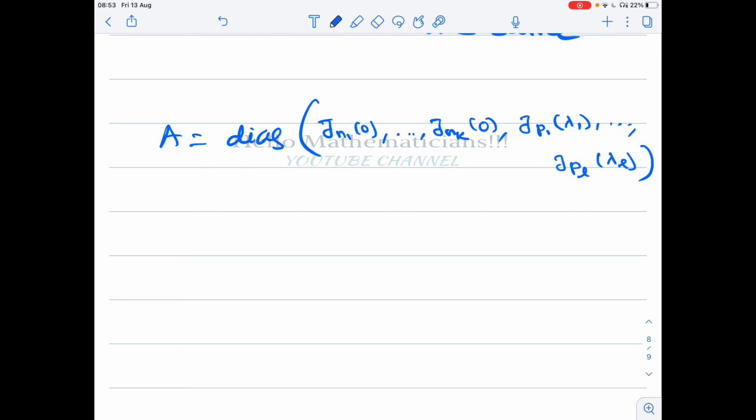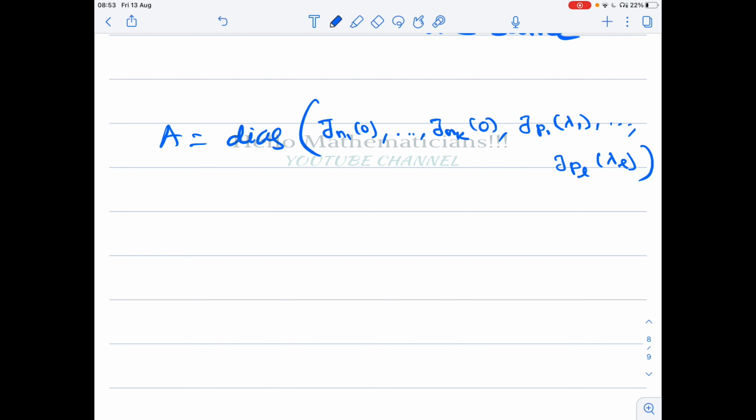When you calculate the powers of this matrix, the blocks corresponding to non-zero eigenvalues will each have nullity 0 because each of them is invertible. So its powers will also remain invertible. That's what we just observed. Therefore, we only have to look at the powers of the blocks corresponding to 0.